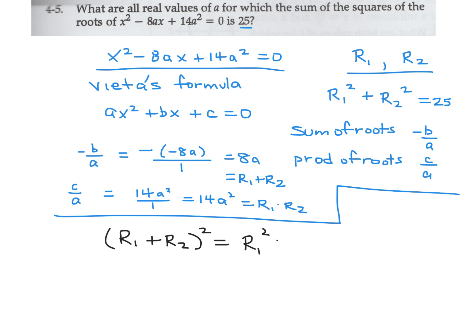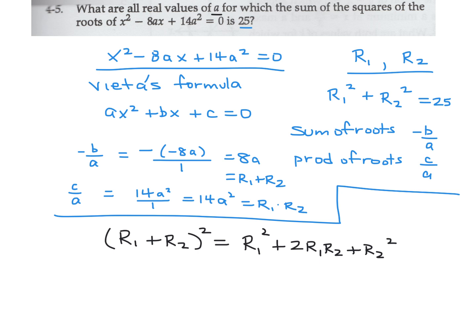This will be r1 squared plus 2r1 r2 plus r2 squared, and then fill in all the information that we have, and then somehow figure out the value for a.